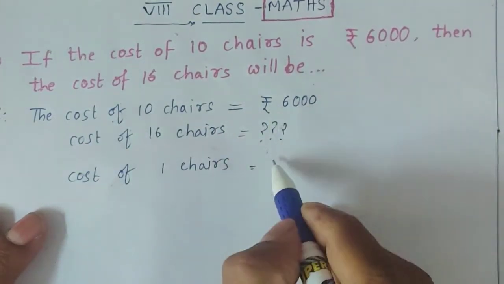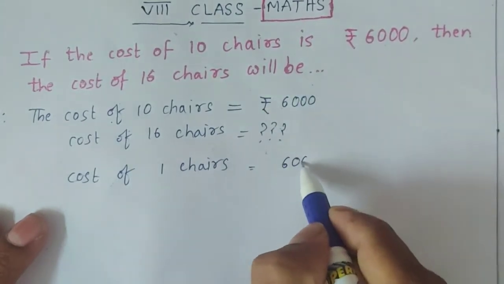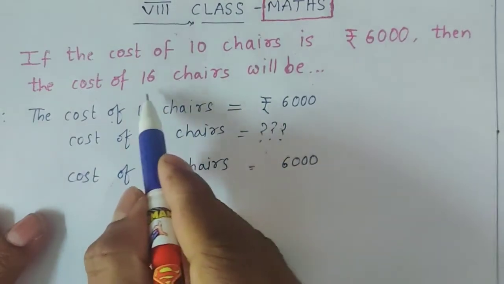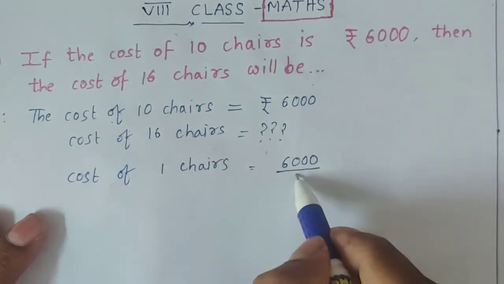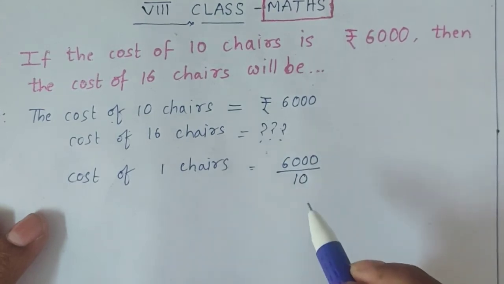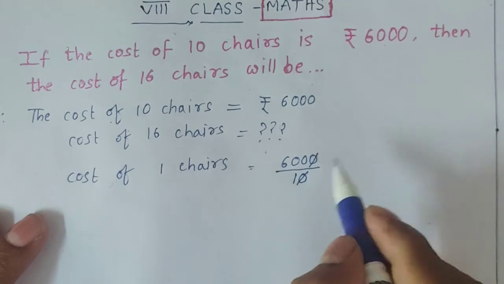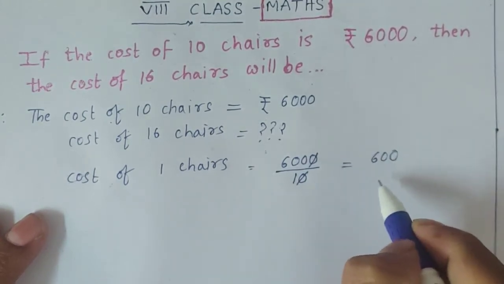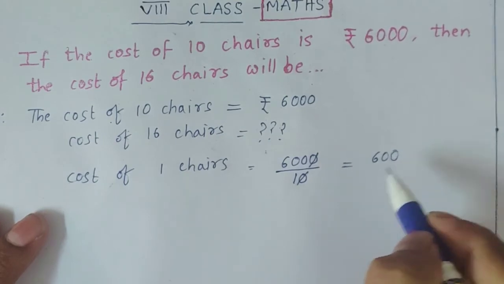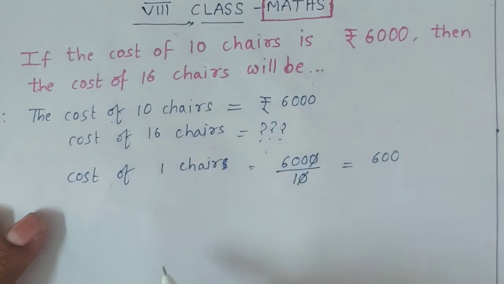On the right hand side you have 6000, and if you bring this 10 over, it becomes divided by 10. The 0 gets cancelled and it equals 600 by 1, which is 600. So the cost of one chair is 600.